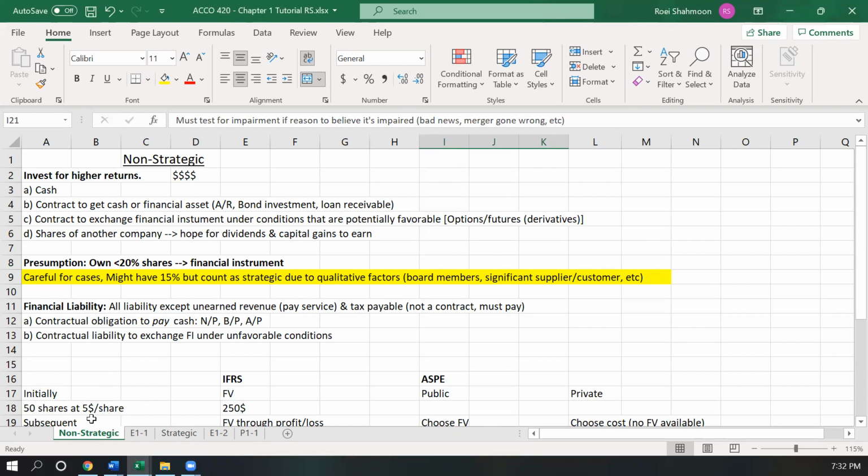The non-strategic investments, this is pretty much the only place we'll see it, but the strategic investments will carry on with us for the rest of the semester. So chapters 2, 3, 4, and 5 will be your parent and subsidiary relationship, which we will take a look at when we get there. And chapter 6 is going to be the associates. Chapters 5 and 6 are obviously after your midterm, so don't worry about that too much yet.